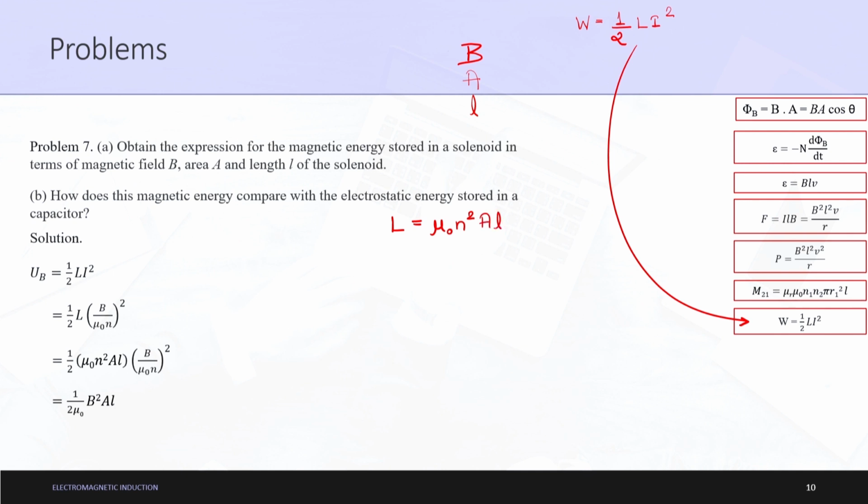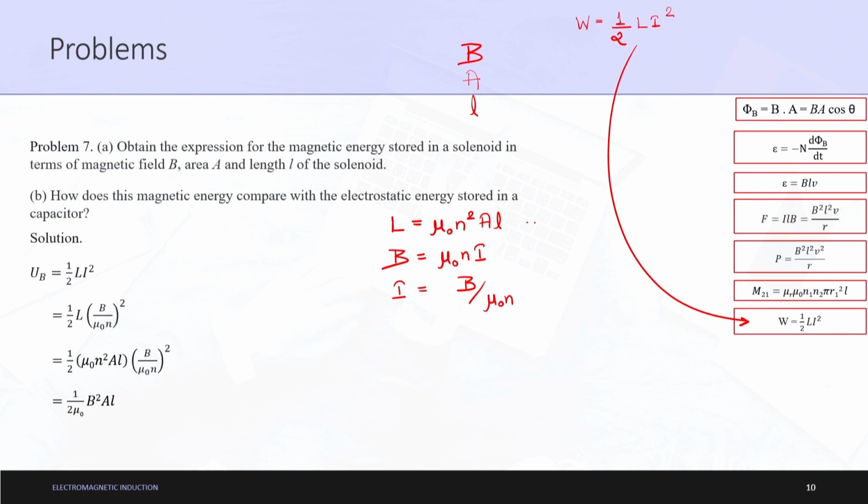Now, current is nothing but B upon mu naught n. How does this value come? When we were deriving the formula for mutual inductance, we got to know that B is nothing but mu naught n into I. So, calculating I value is nothing but B upon mu naught n.